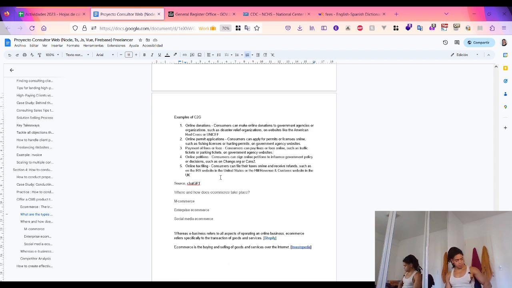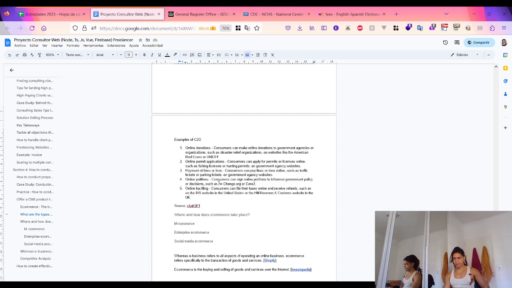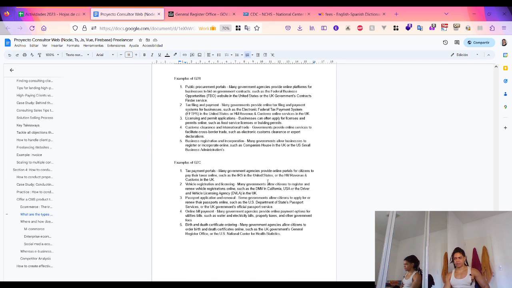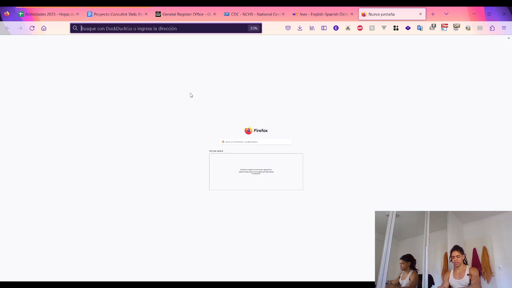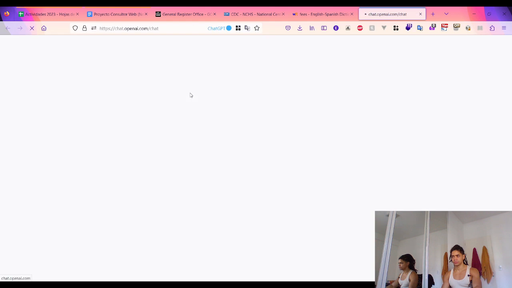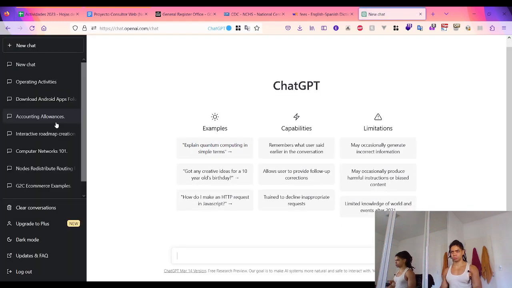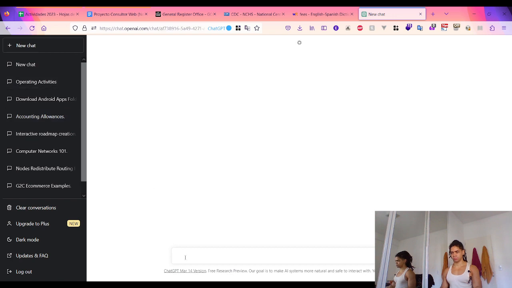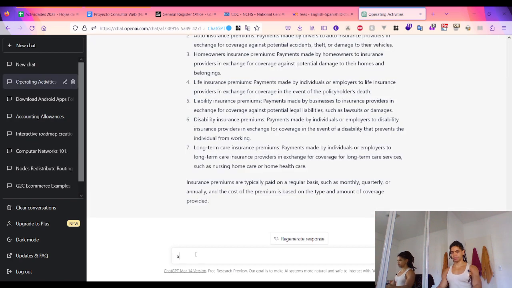So the point of looking at all of this is to be able to understand. For example, when you talk about export declarations, you just want to know examples of export declarations.